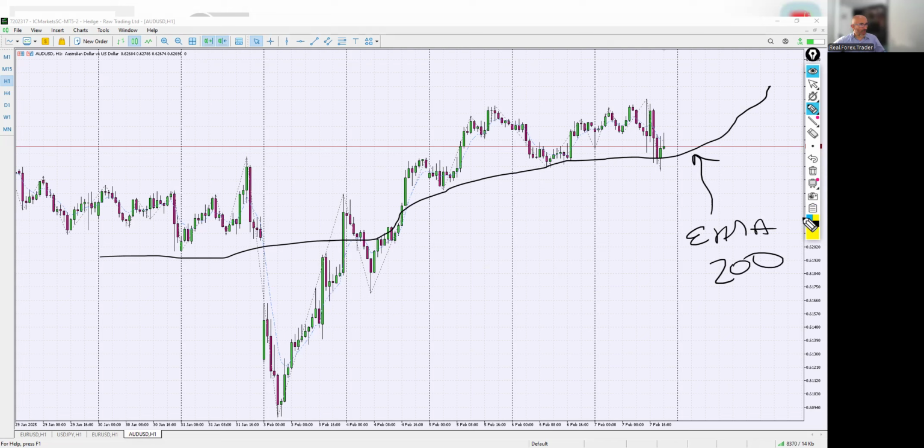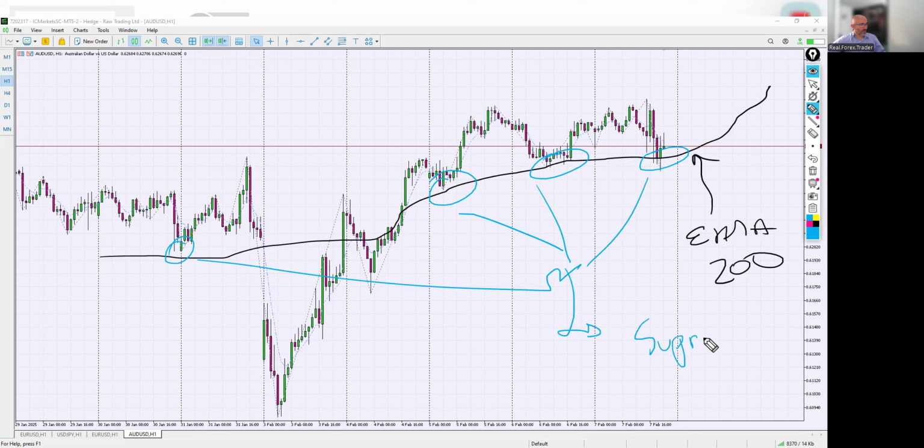Every time the price hit here, and here, there was clear what? There was clear support. Why? Because it found the exponential moving average, touched it, tested, and then went back, right?